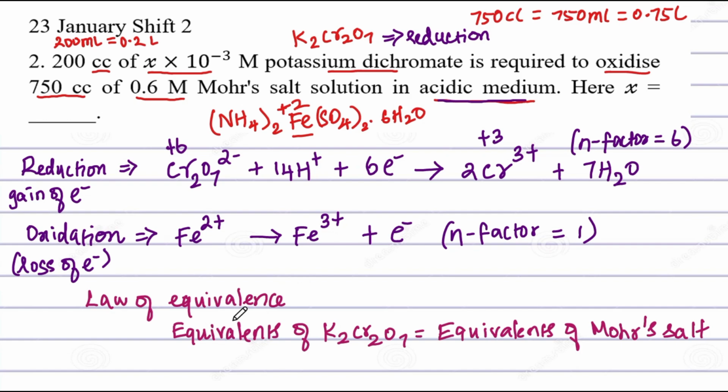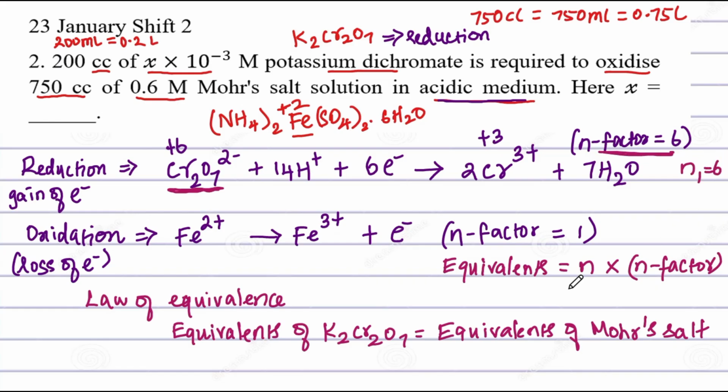How will you find the equivalence? The formula of equivalence is equal to number of moles into n factor. For the reduction half reaction, that is for potassium dichromate, the n factor is 6. Let us keep this as N1, so N1 is equal to 6. And for the oxidation, the n factor is 1. Let us keep this as N2, so N2 is equal to 1.